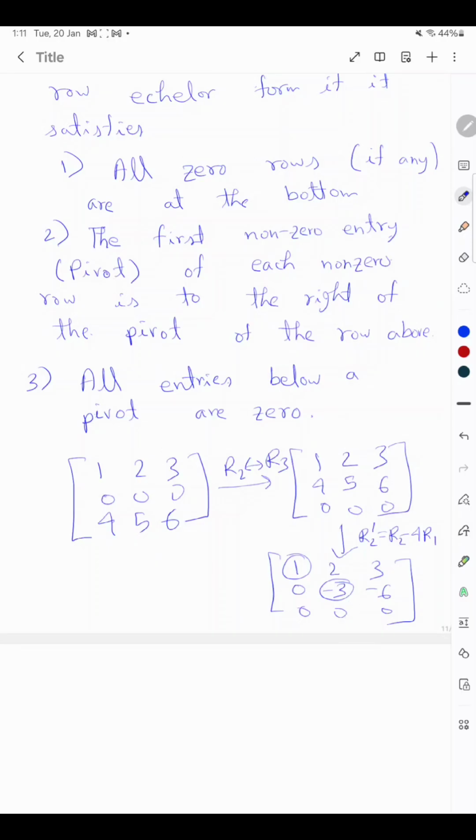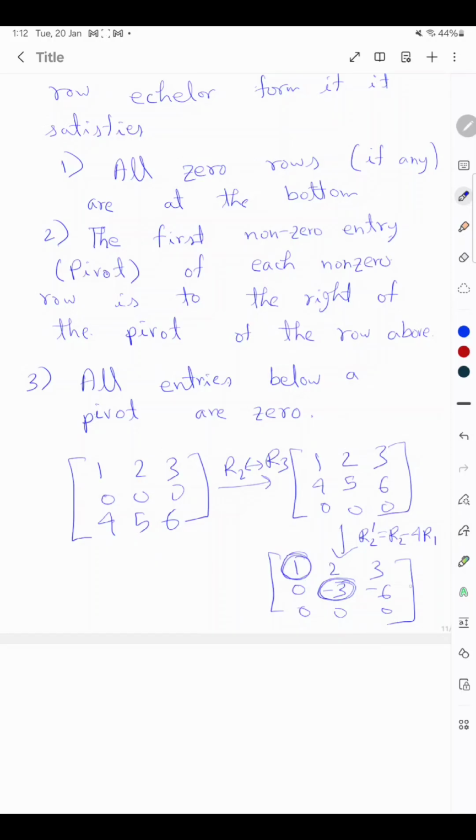So this minus 3 and this 1, these are the two pivot elements, right? Now the row above will be to the left of that one.